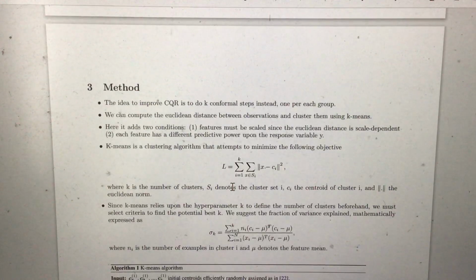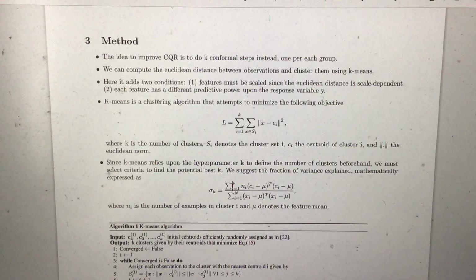So to solve this problem, in this paper we call this method improved conformalized quantile regression, or ICQR. The idea of ICQR is to do k conformal steps instead, one per group.